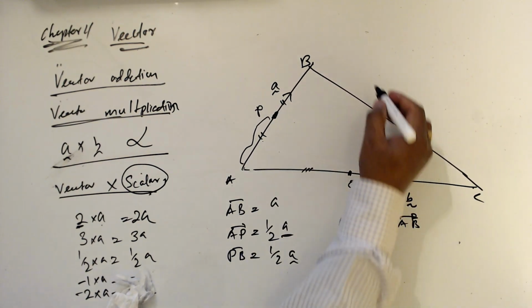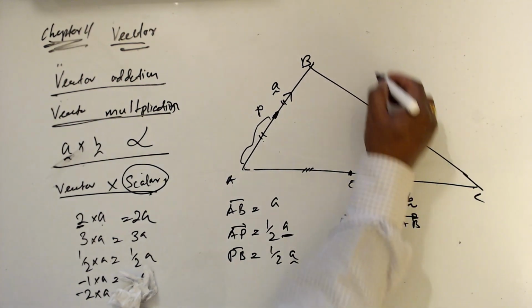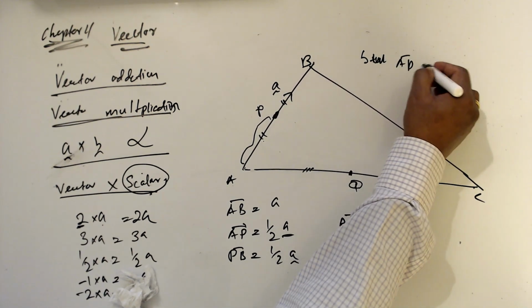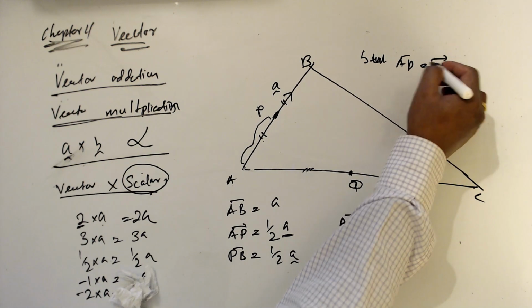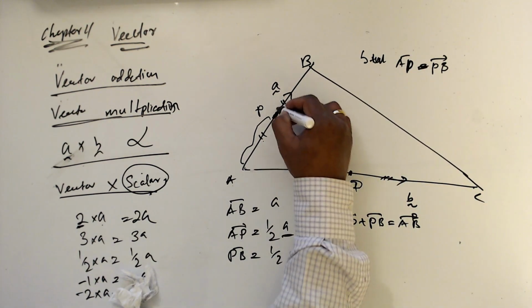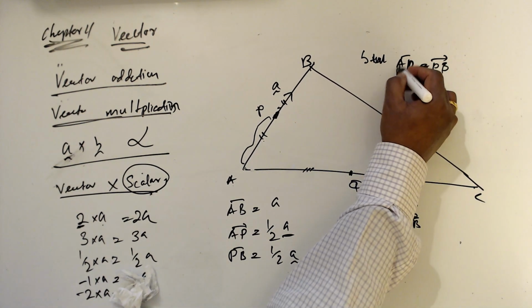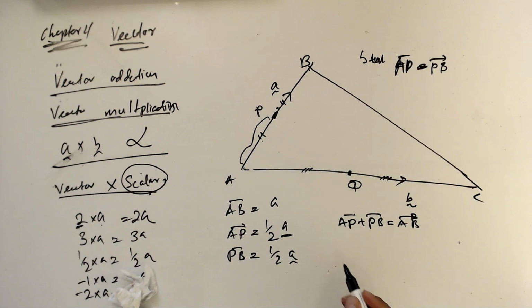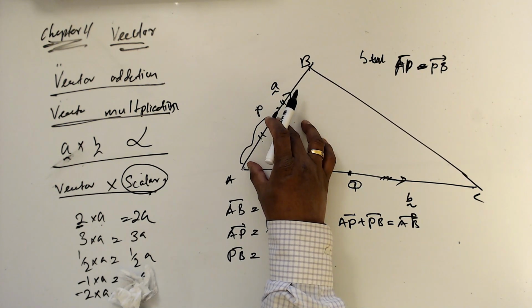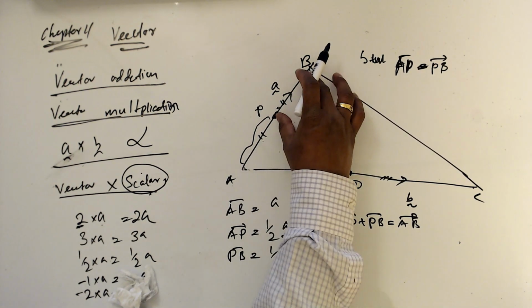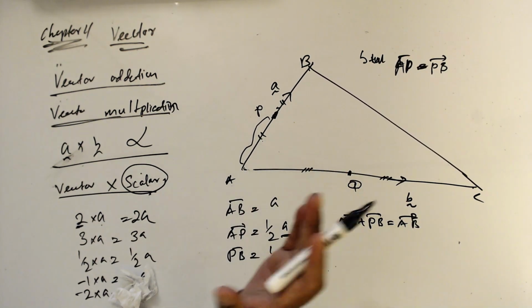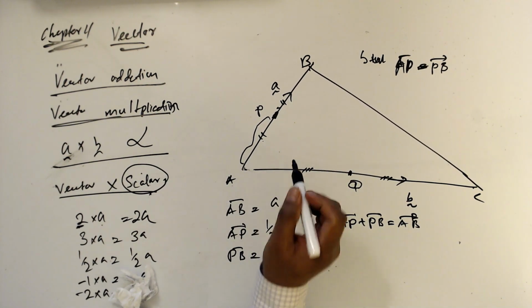But AP and PB are equal vectors. Why? Because AP and PB have to become equal vectors. What is the requirement? Same direction and same size.